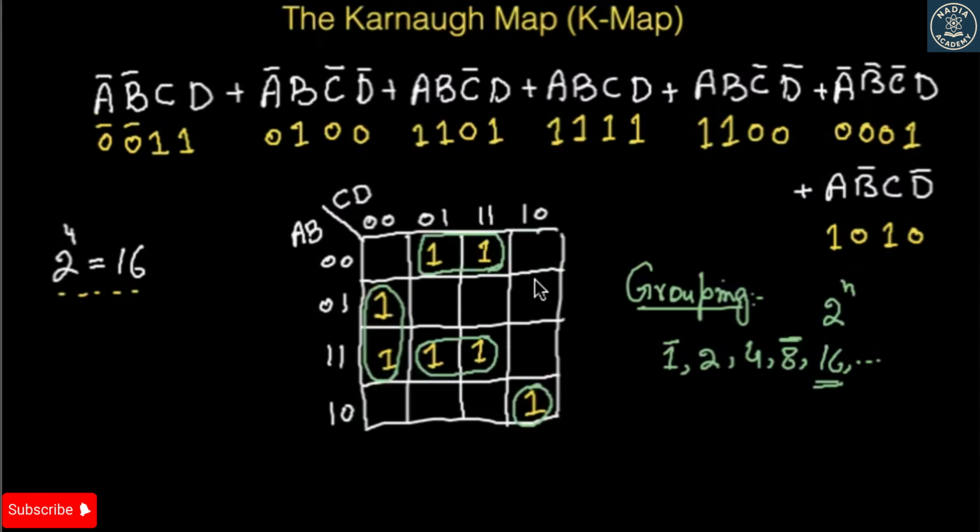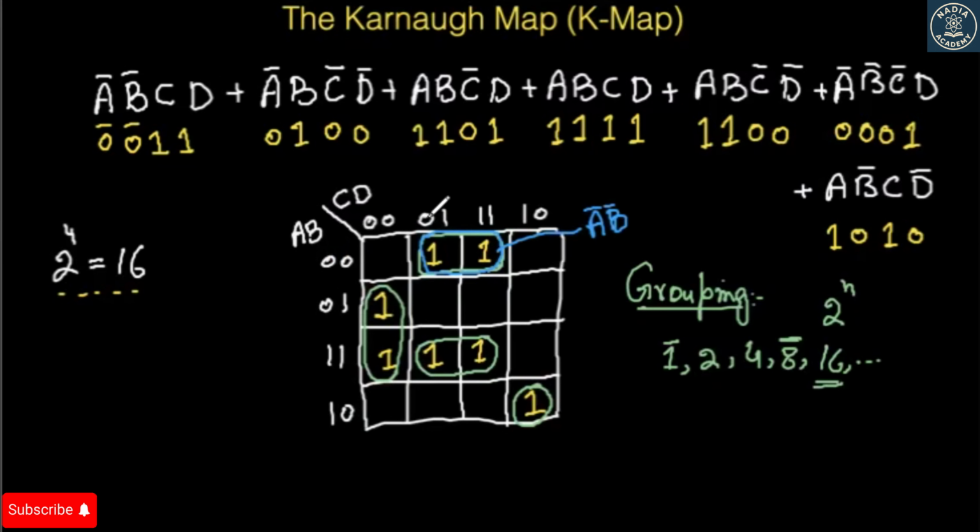So now we can write the solution for these groups. Look within the group, our variables are A, B, C, D. Within this group, A and B are persistent, meaning that their values are not changing. So we have A value 0, so A bar, B value 0, B bar.